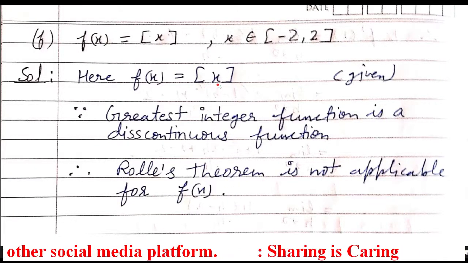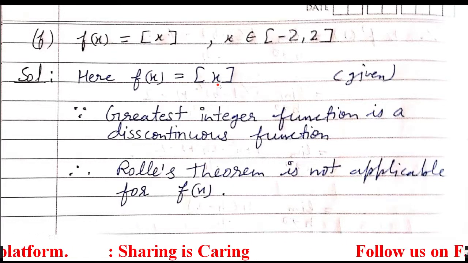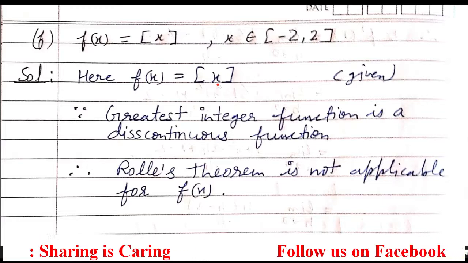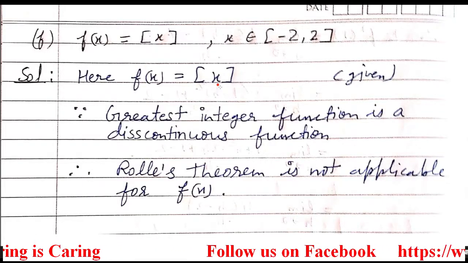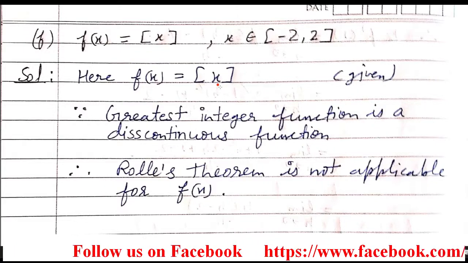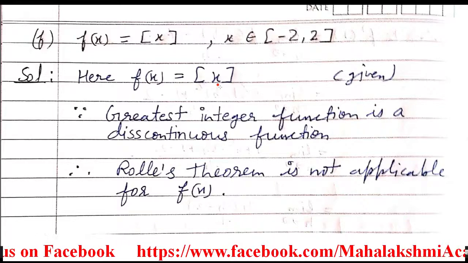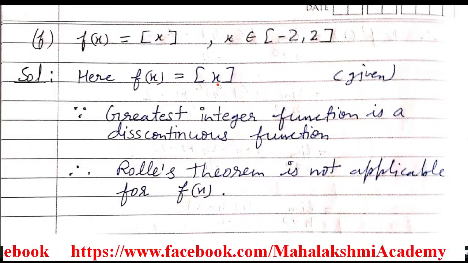You have to learn that the greatest integer function is not continuous and the modulus function is not differentiable at 0. Some particular conditions are there for particular functions, which you must learn to check Rolle's theorem. Hence question number 1 of exercise 7.6 is completed.